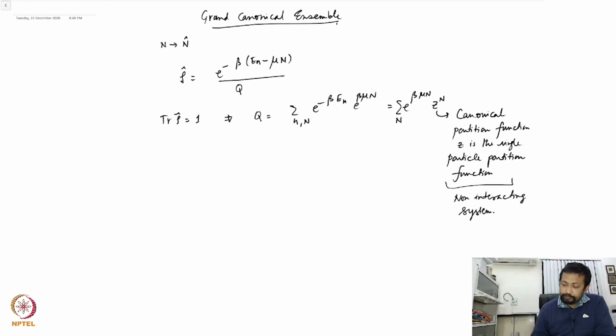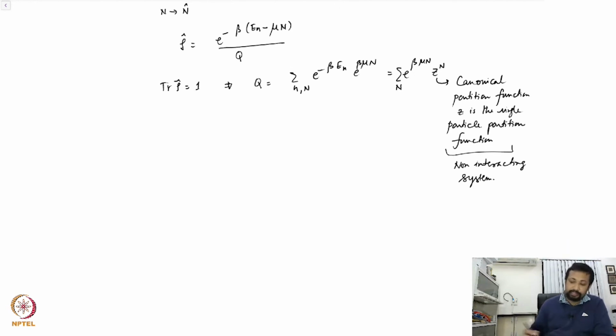The same way we have done in classical statistical mechanics. Of course, we identified small z equal to small q there. There is nothing special about the symbol; you can as well use small q.